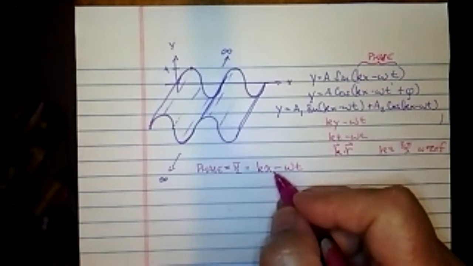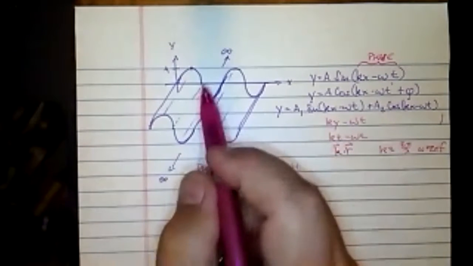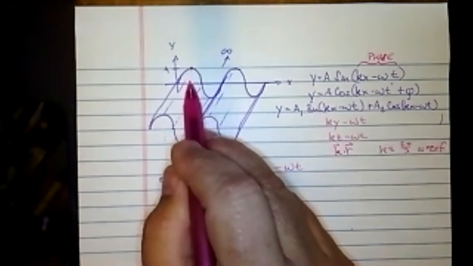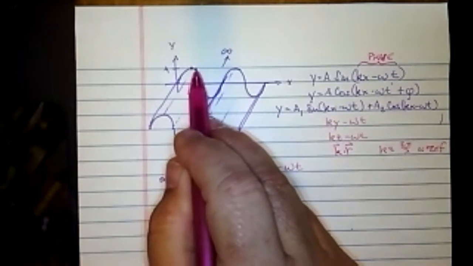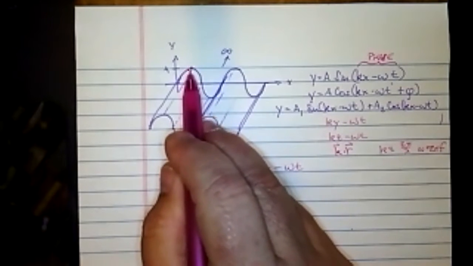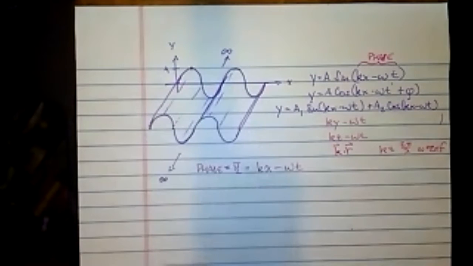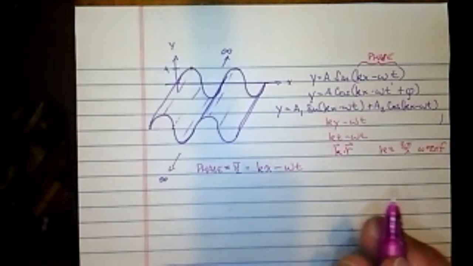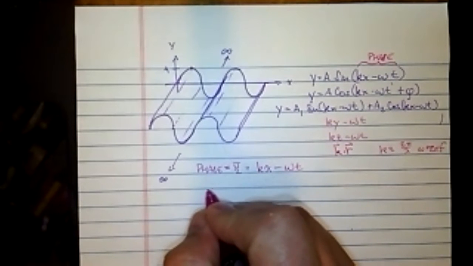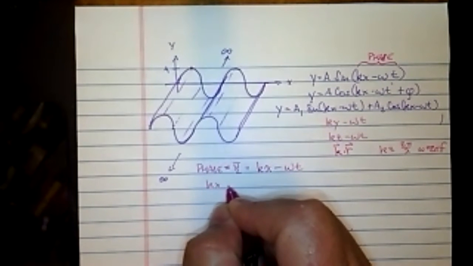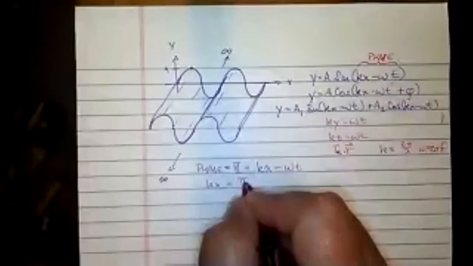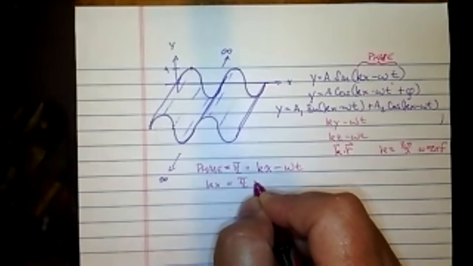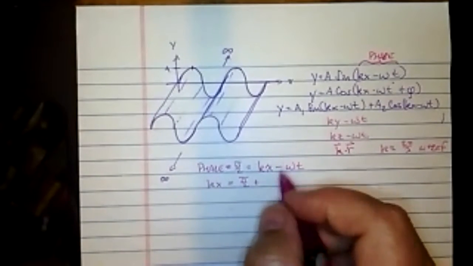So if I want to solve for x, then what I'll find out is whatever the motion of x is really the motion of the wave. So I'm going to solve this pi over 2 equals kx minus omega t for x. And I think you can see that it becomes kx equals pi over 2 plus omega t.